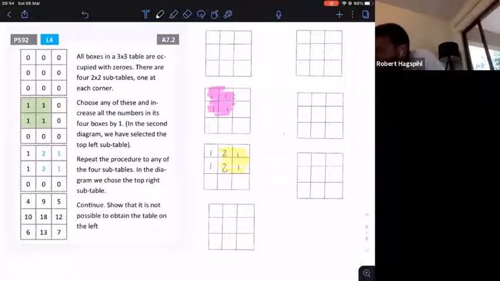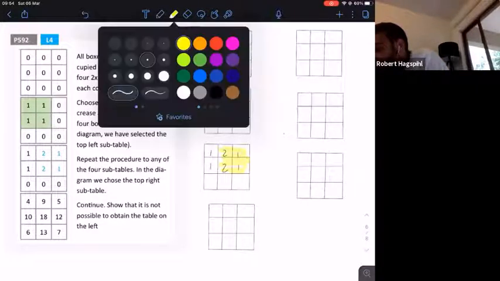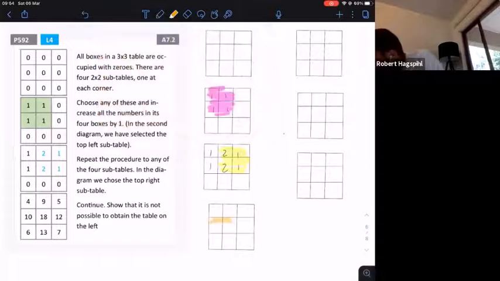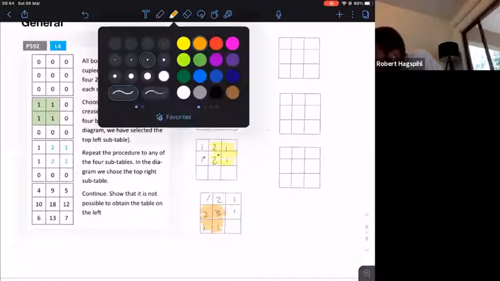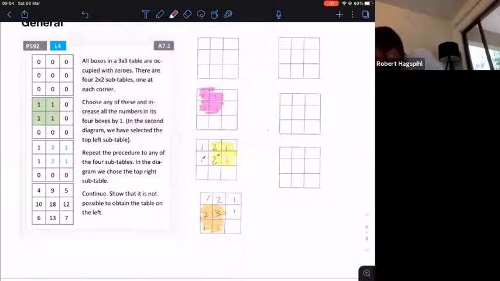Cool. Now, let me go choose another square. Let me choose the square at the bottom, all right? And so I'm going to add 1 to this one and to this one. So I've got 1, 2, 1, 1. And then I'm going to get 2, 3, 1, 1. All right. Then what I'm going to do is I'm going to look at the other square. I'm just looking at all of them.